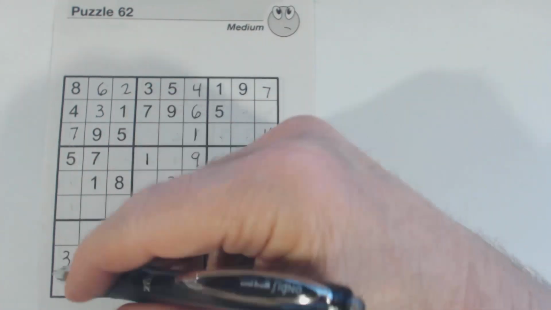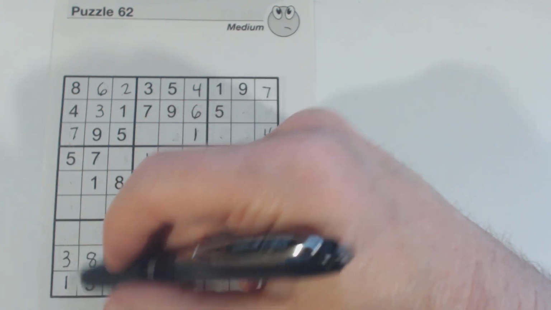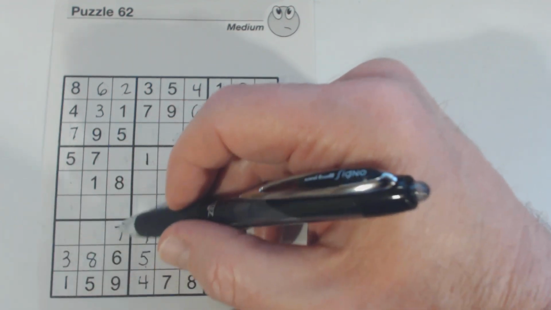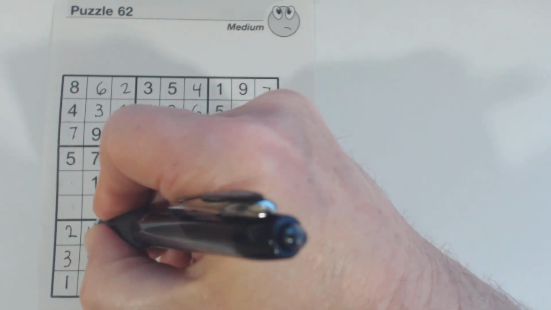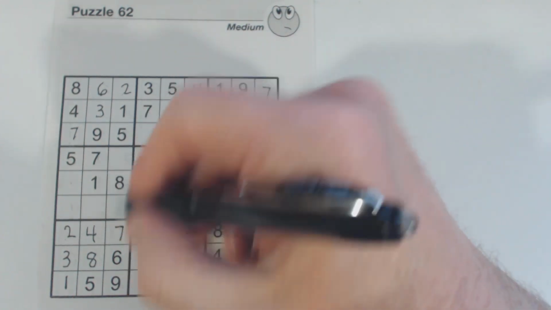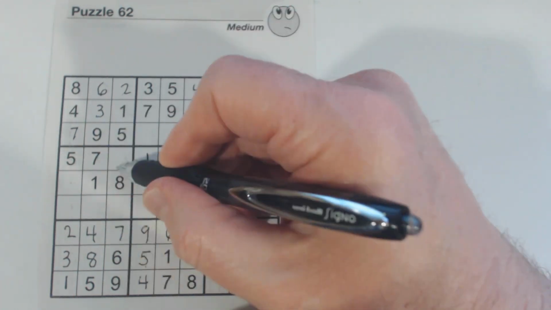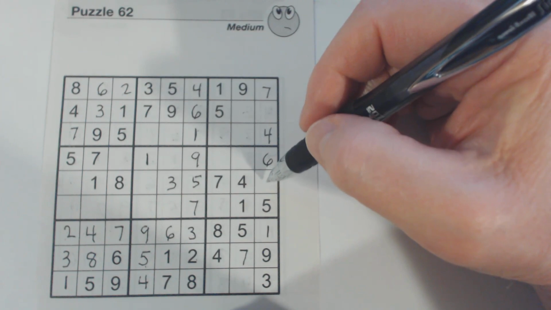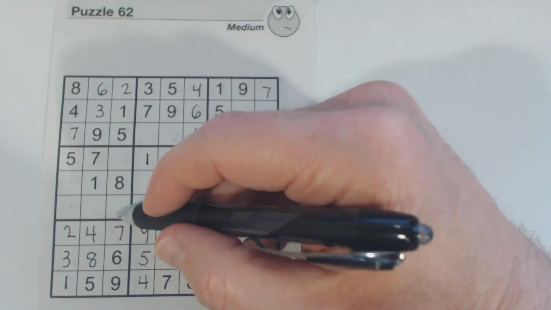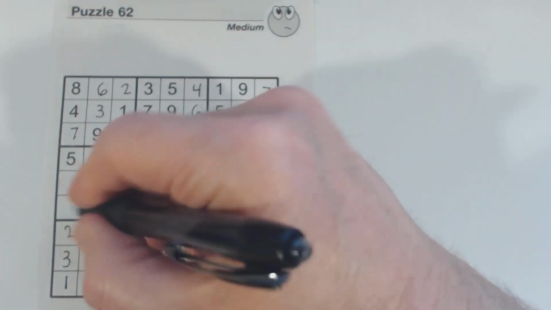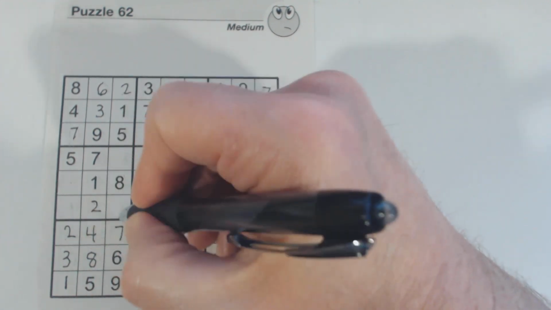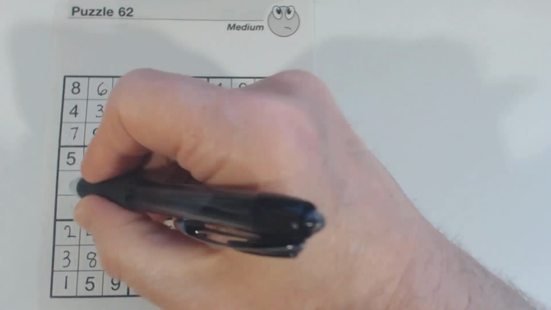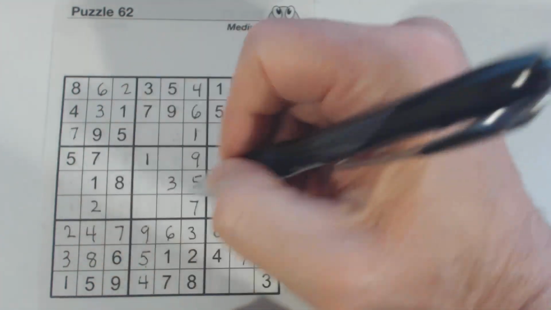Let's see if we can solve these two. We got 1, 2, 3, 4. Yeah, 2, 4. 4 there. So what do we have here? 3 4s here now, 3 4 twins. 2 there, 2 there, so that's a 2. So we have 3 4s here, and 1, 2, 3, 4, 5, 6, 7, 8, 9. 6, 9 there.